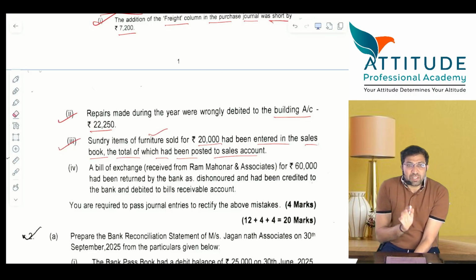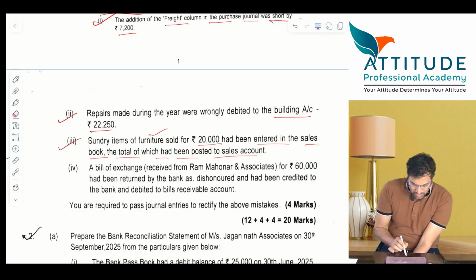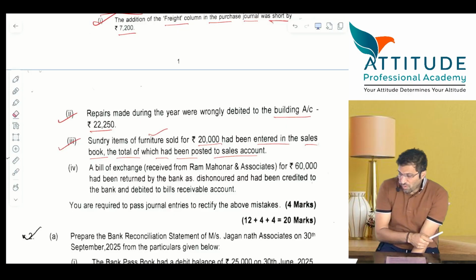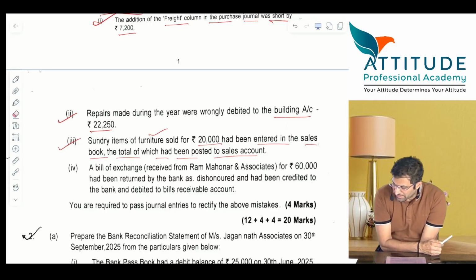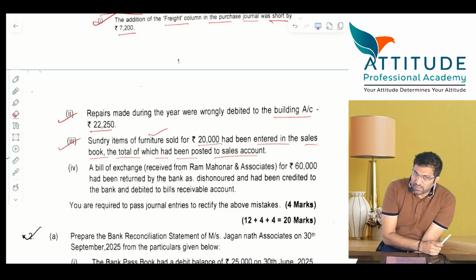See, what account should be debited? Ram Mohan. Correct. What account is debited to bills receivable करके दिया है. Bills receivable should get what? Credited. Is that clear? So entry लिखो. Ram Mohan and Associates debit to bills receivable.